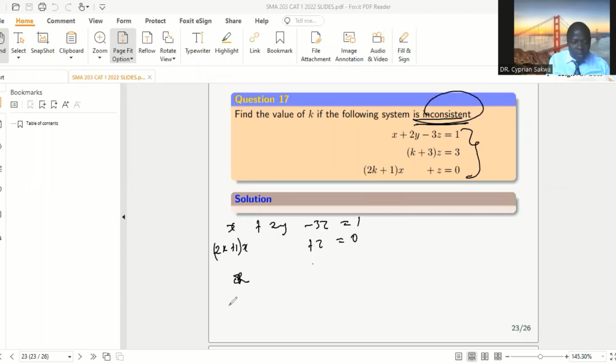So I want to take the second equation minus, supposing we are using matrices, we would talk of the second row. To get the new second row, I want to take the current second row minus 2k plus 1 multiplied by row 1, so that row 1 remains where it is.